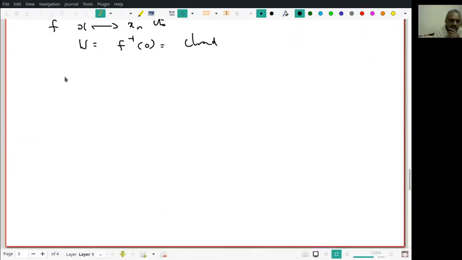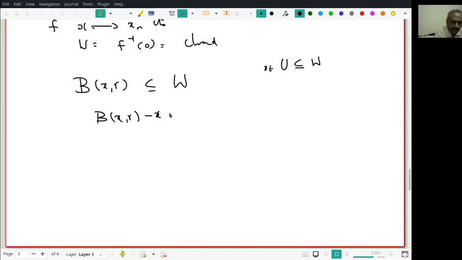Suppose W has non-empty interior. Then there is a non-empty open set U contained in W. If x belongs to U, then there is an open ball B(x,R) contained in W; that's the metric topology. Now let's look at the set B(x,R) minus x.